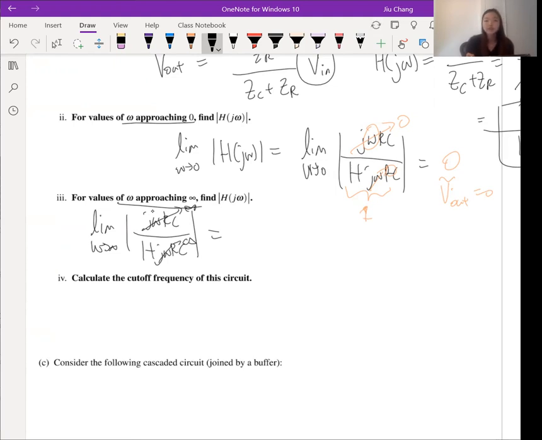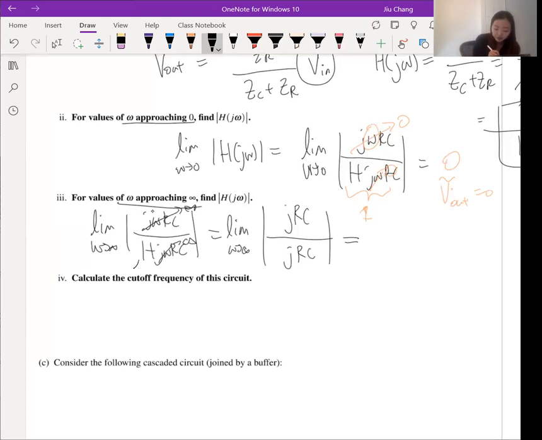So in this case, we use L'Hopital's rule and take the derivative of the numerator and the denominator. We take the derivative with respect to omega for the numerator and for the denominator separately.